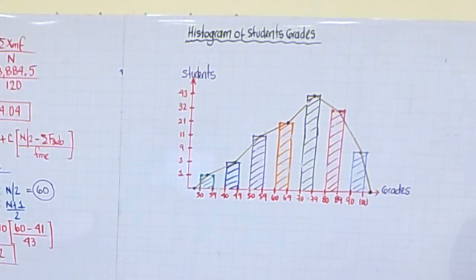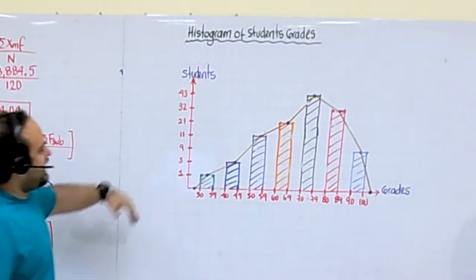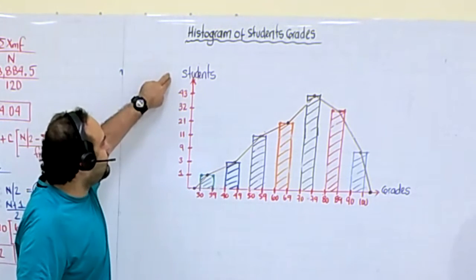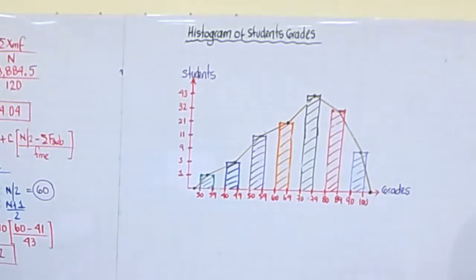What will be the difference? All right, we're going to have a number of students, okay? But these students, instead of the regular frequency, are going to use the absolute frequency, okay?